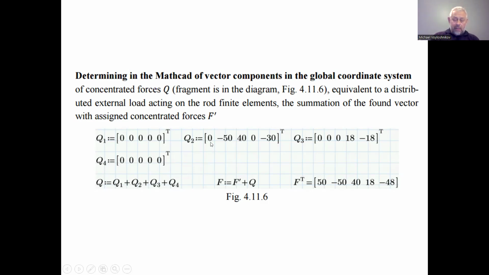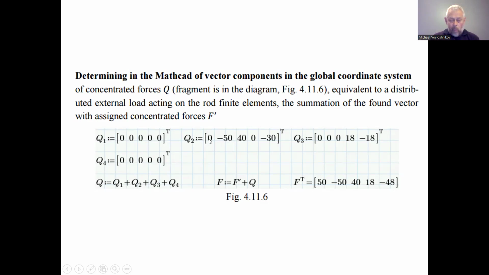And this is the influence of the distributed load acting on the second element between the node 2 and node 3 of the mechanical system, the second finite element. This is the vector of the concentrated efforts.